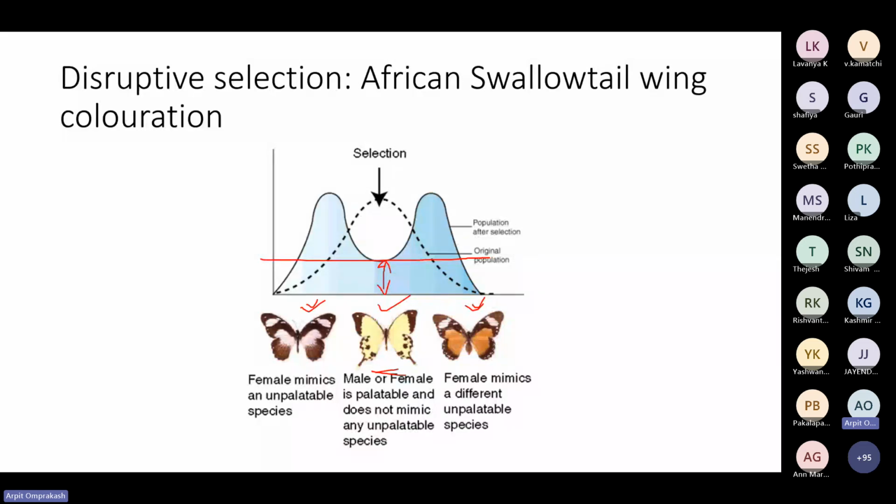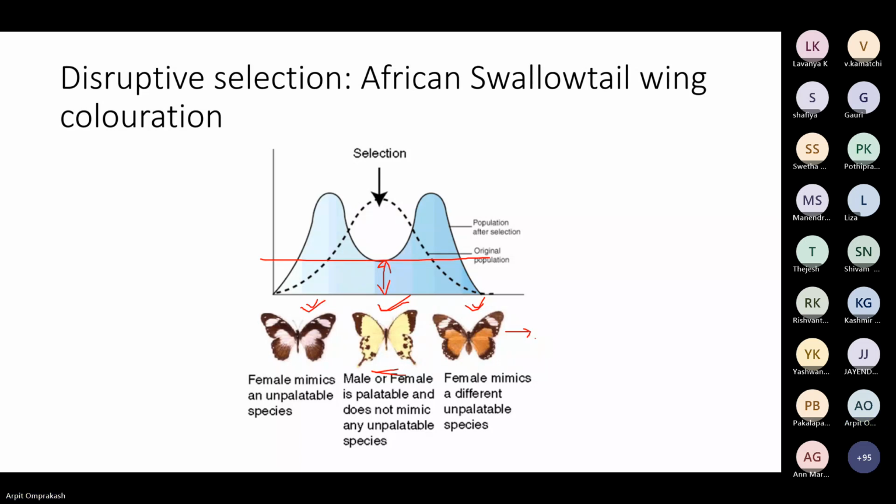If the number of these butterflies in the middle drops to zero, then the species will go extinct, which is rarely the case because nature tends to preserve variation. Even if these butterflies are very low in number, they might give rise to butterflies that are more similar to this one, just because of mutation or random chance.